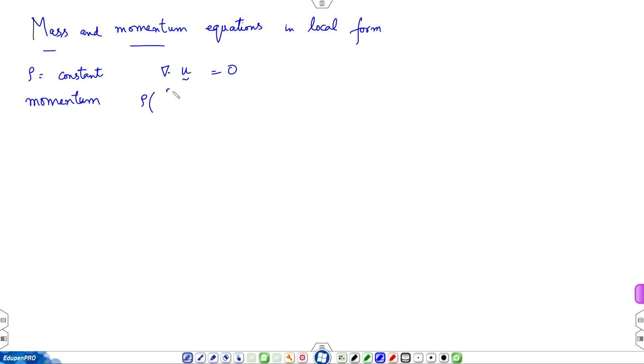We had mass times acceleration is equal to body forces plus surface forces, all on a unit volume basis.